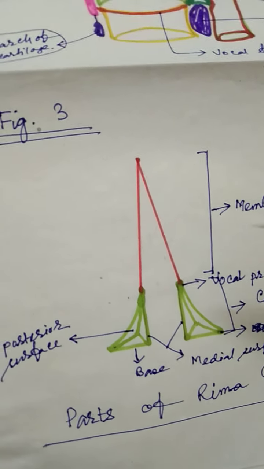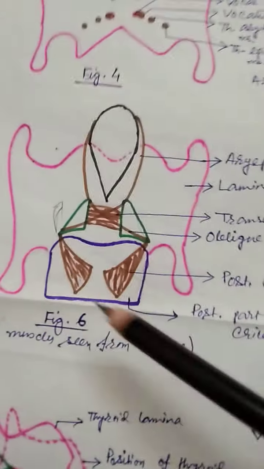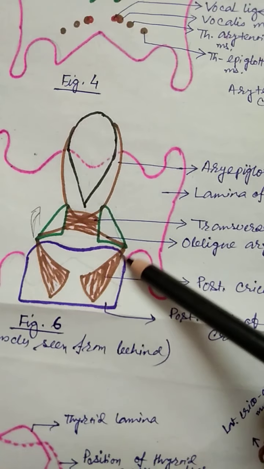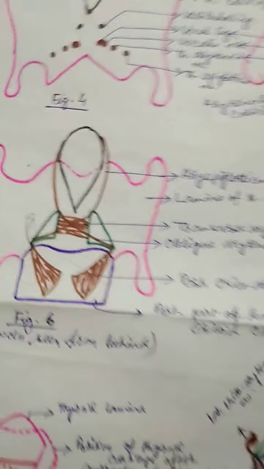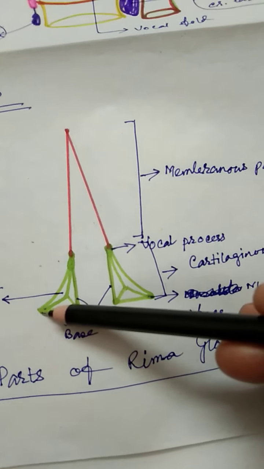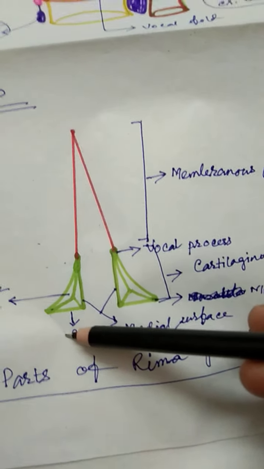Now, the posterior cricoarytenoid, I have already discussed. If the posterior cricoarytenoid muscle is pulling the muscular process in this direction, what should happen?